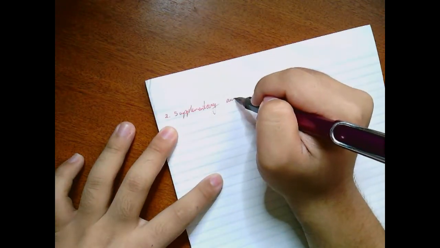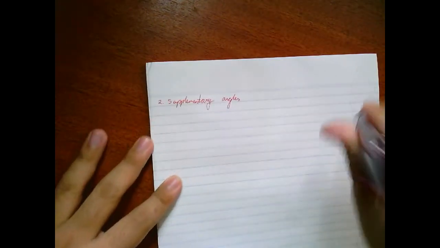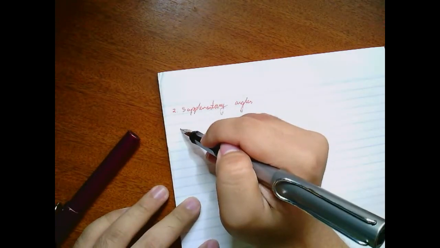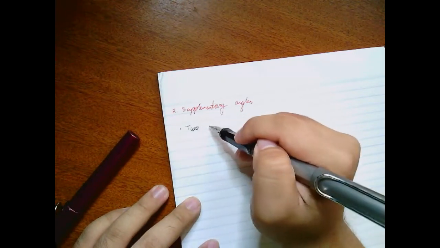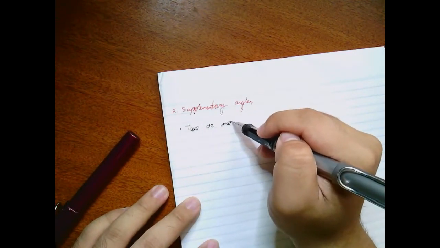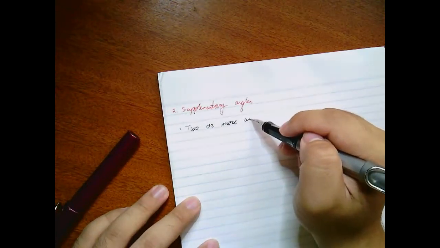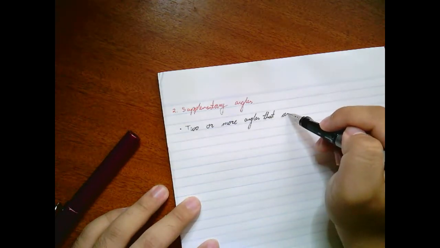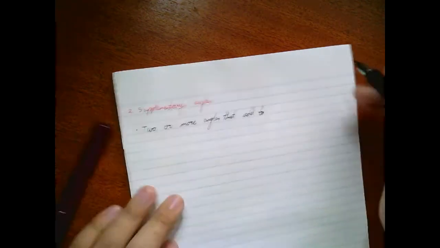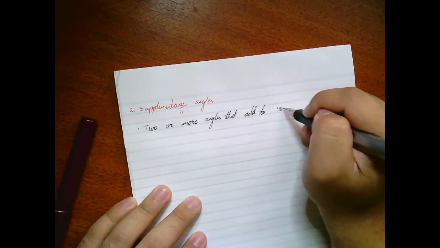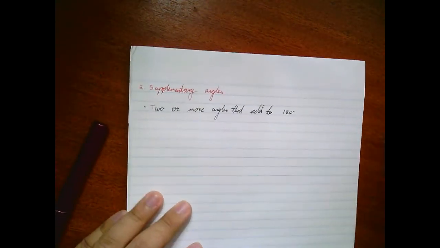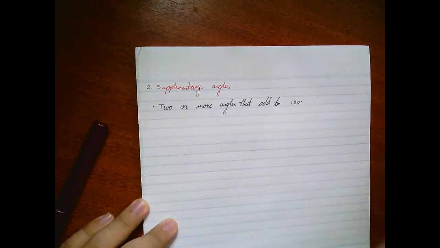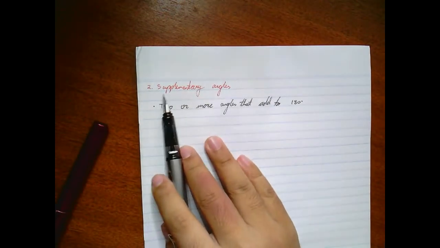The definition of supplementary angles is two or more angles that add to 180 degrees. It's very, very similar to complementary angles, but it's supplementary angles.